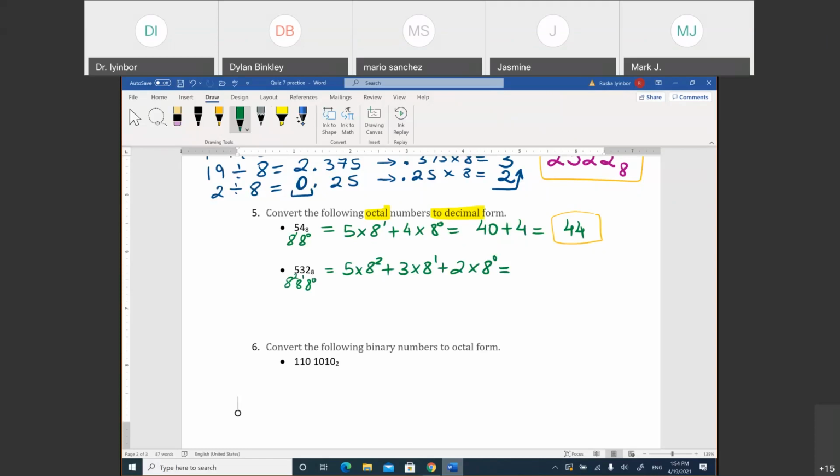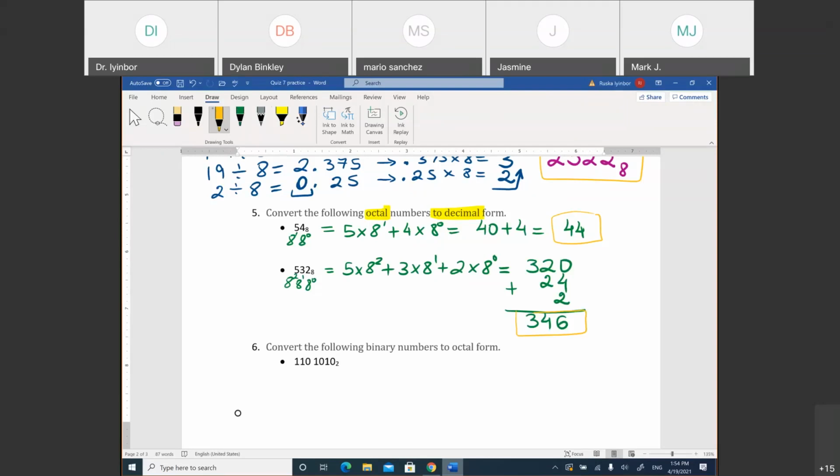And when I multiply 64 times 5, it's going to be 320. And then 3 times 8 is 24. So I'm adding 24. And then I'm adding another 2. So when I add these three numbers, I'm going to have 346. So this is my decimal number.